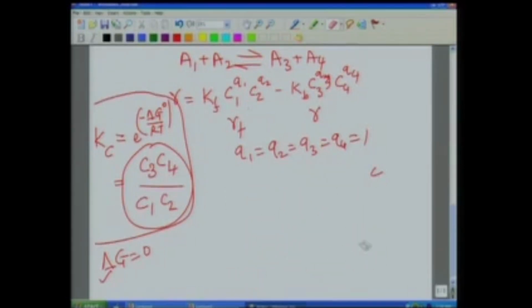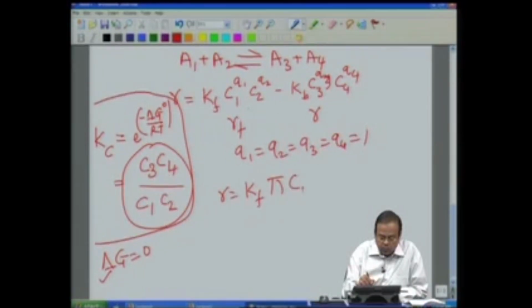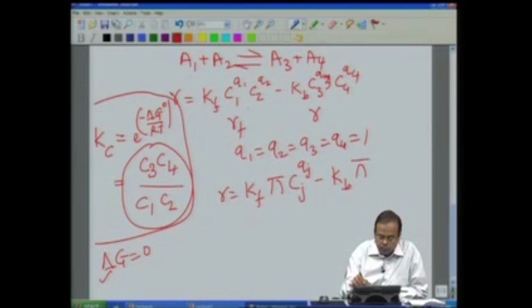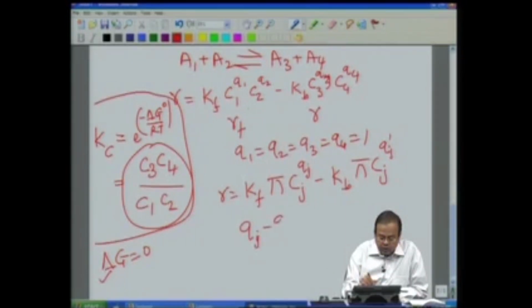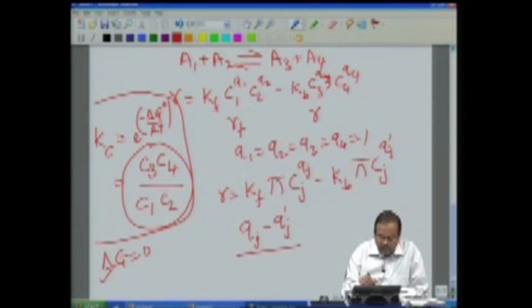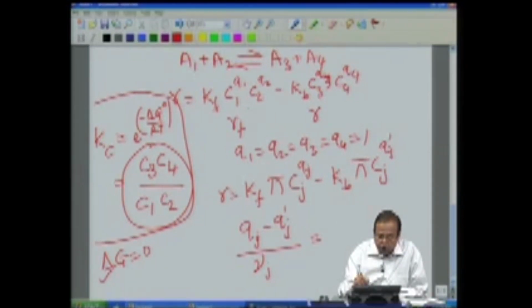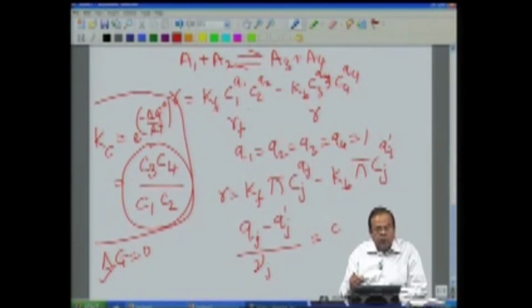As long as the ratio of Qj by Qj prime divided by the stoichiometric coefficient nu j is some constant C, a non-zero constant, but the same for all species, I am okay; the thermodynamic consistency is followed.